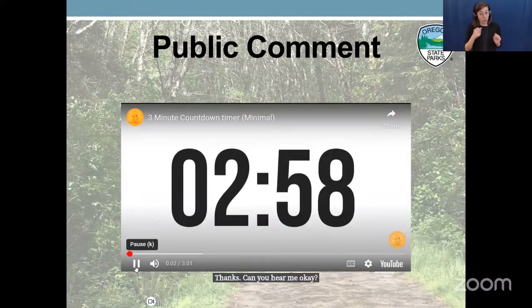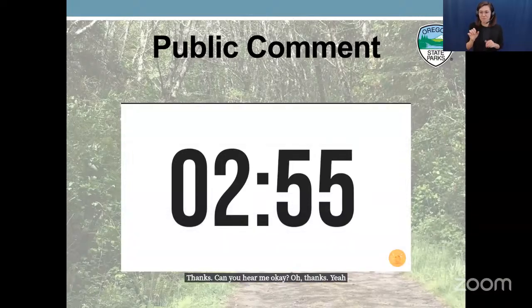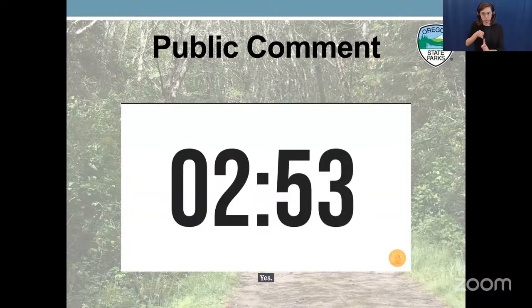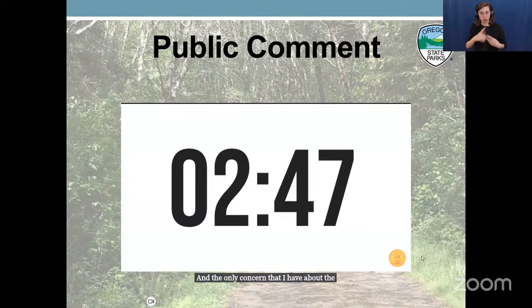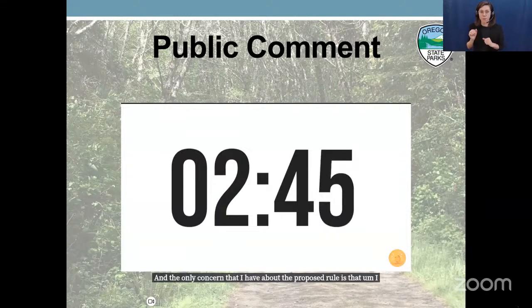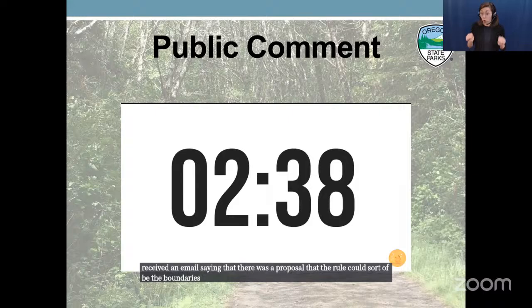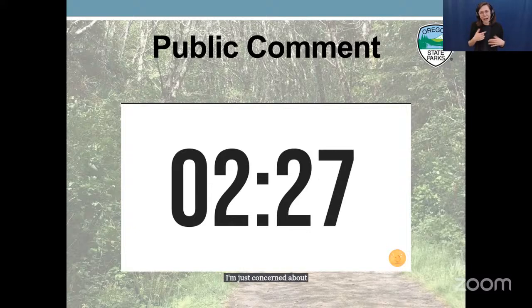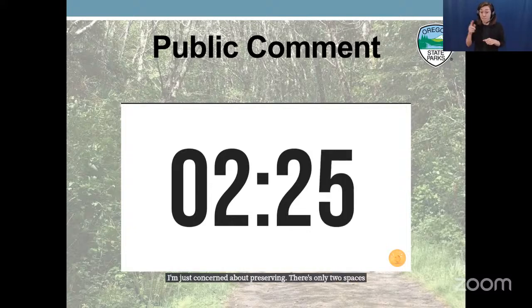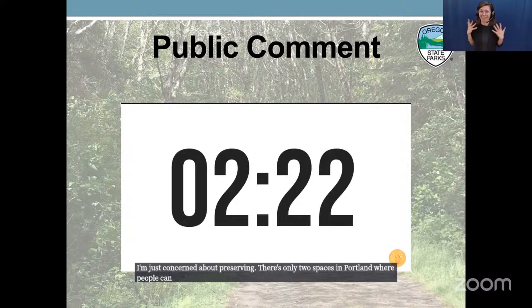Yes. Thanks. So I'm one of the people who uses Rooster Rock, and the only concern that I have about the proposed rule is that I received an email saying that the boundaries could be adjusted flexibly by the office depending on what the needs were. I'm concerned about preserving the only 2 spaces in Portland where people can go to enjoy recreational nudity.